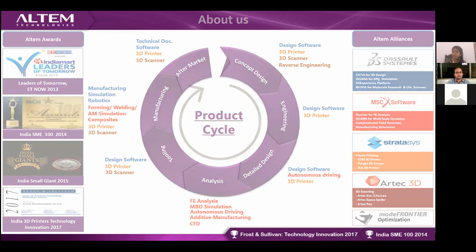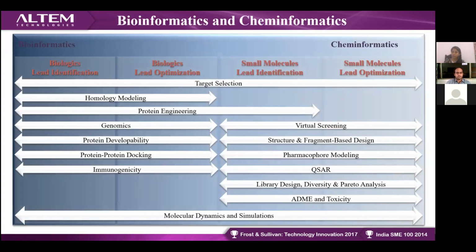Coming to bioinformatics and cheminformatics, hopefully the panel members are aware of these terms. Bioinformatics is biology in computer science, and cheminformatics is chemistry in computer science. We use bioinformatics as well as cheminformatics approaches in drug design and target discovery.